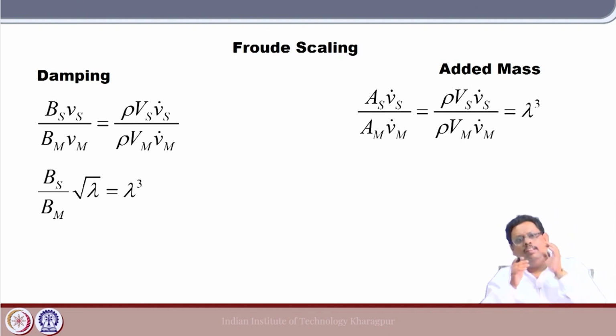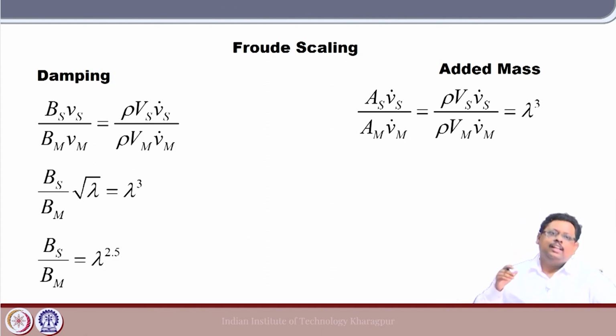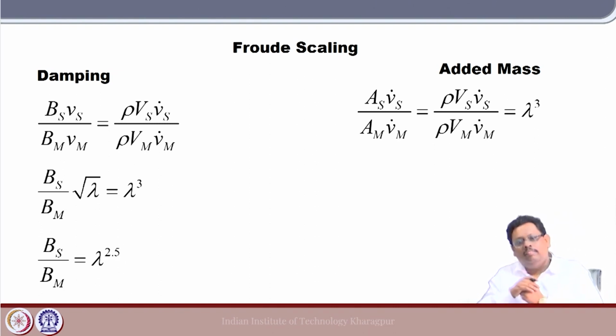Therefore, the damping ratio multiplied by root lambda is equal to lambda cube, which is the dimension of the force, and from here I understand that damping can be scaled by lambda to the power 2.5. Now, this is how we can do the scaling for the different parameters that we can measure through experiment in the lab.